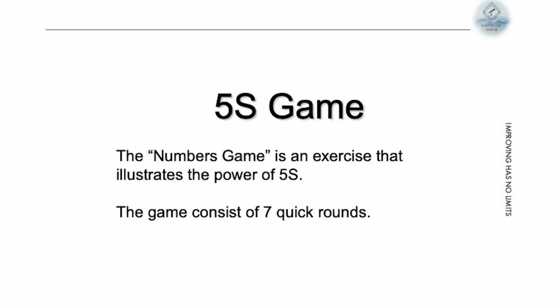All right, let's do a quick 5S game. This is what we call a 5S game. On the front, we're going to do 7 rounds, and you just mark your score after each round on the front. Here's our visual standard.